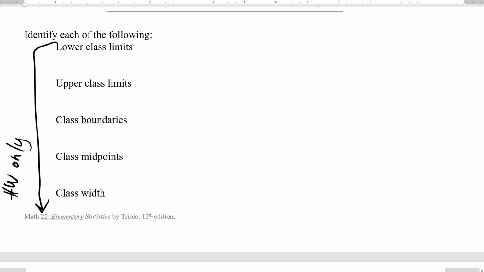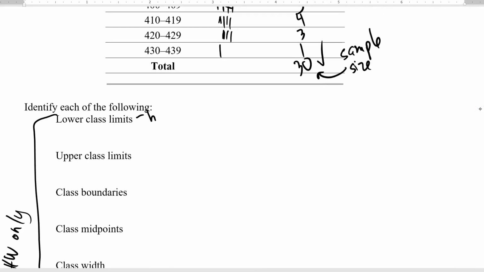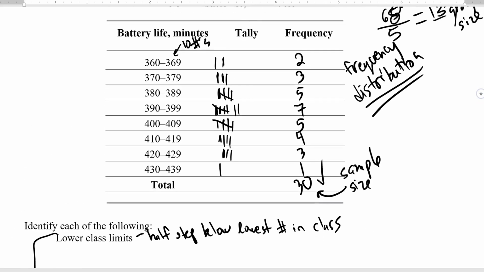So the lower class limit is basically we do a half step below the lowest number in a class. So here I have 360.